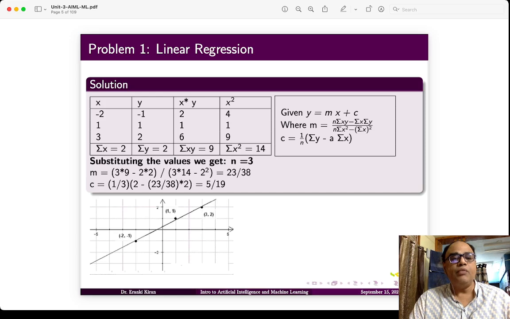Substituting the values, we get n is equal to 3 because there are 3 data points given to you. Once we substitute the numbers provided in the data set into these two equations, we end up getting two values: 23 by 38 and 5 by 19, and then we plot them on the graph.